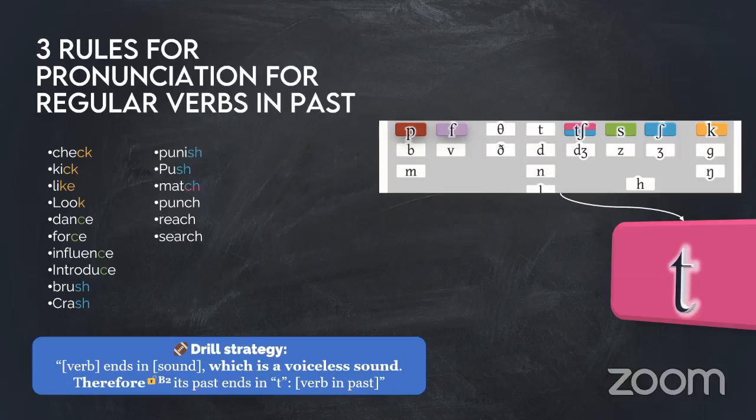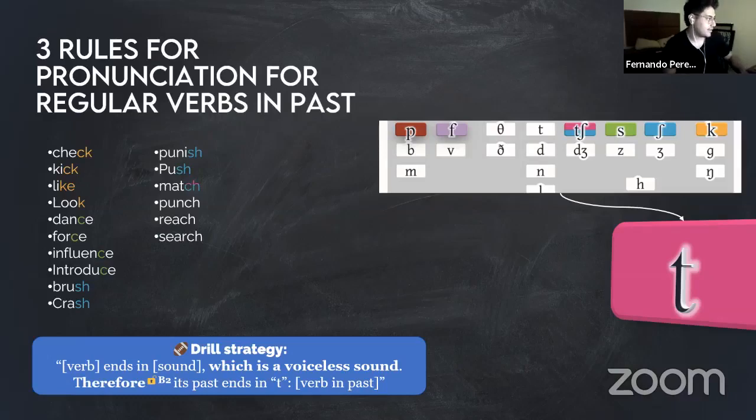Therefore, its past ends in T. Again. Match ends in sh, which is a voiceless sound. Therefore, its past ends in T. Yes. Matched. Very good, girl. That's correct. Listen. Match, this is present. Matched, this is past.